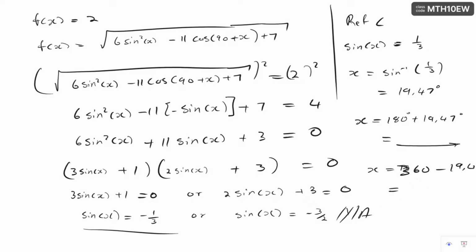So let's check the first one. 180 plus 19.47 gives us 199.47. And 360 minus 19.47 gives us 340.53 degrees. So those are the values.